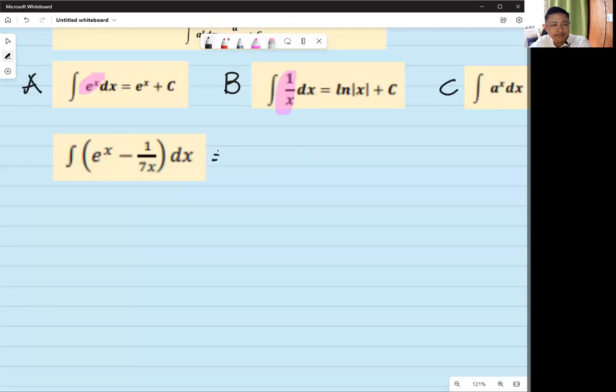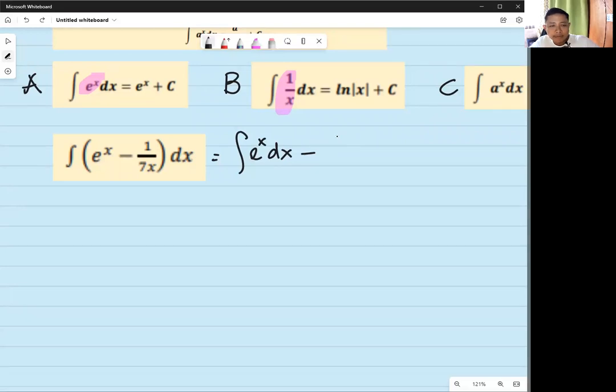This will become, let's separate it first so we don't get confused, the integral of e raised to x dx. Right? That's the first. And then minus, and then the last.